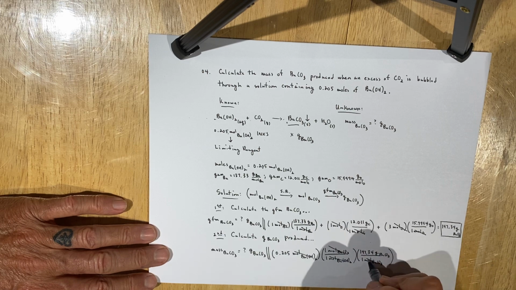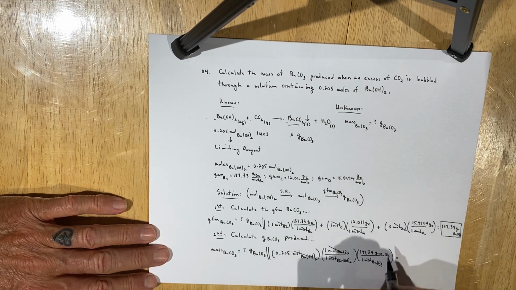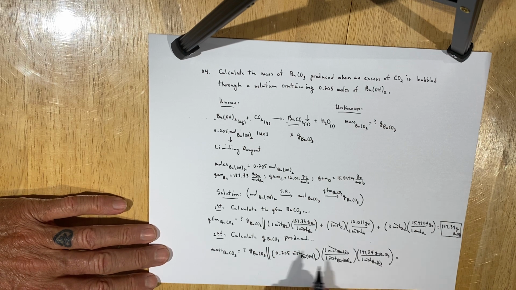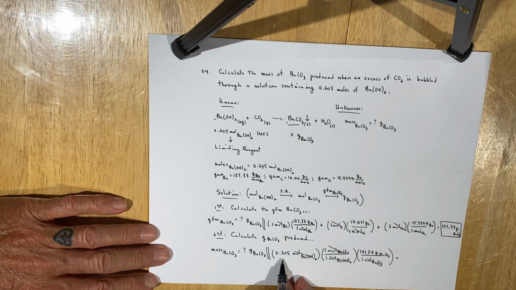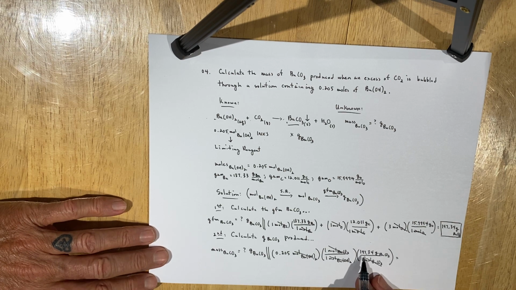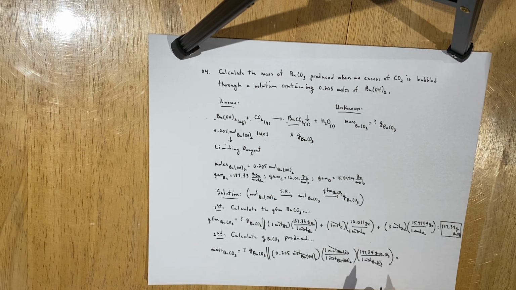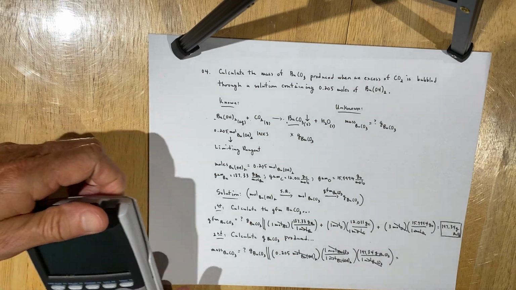Once again, moles of barium carbonate cancel, and we will be left with a unit in grams. Now you can see we have just a fraction of a mole of barium hydroxide. So we would expect this answer to be about a fifth of 197.34. Let's see if that works out.